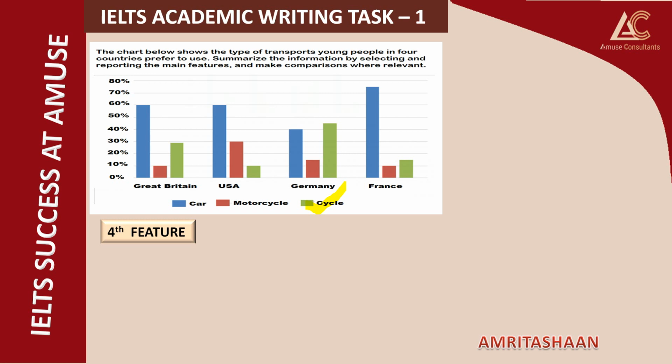You can say that the most interesting feature in the graph is related to cycle, which is used by 50% of young Germans and as a first choice.